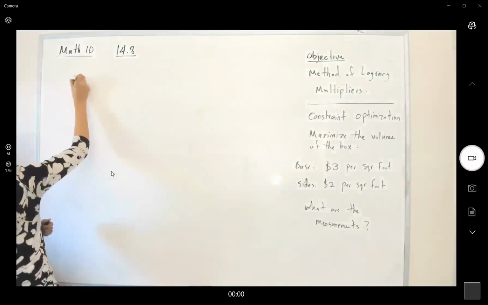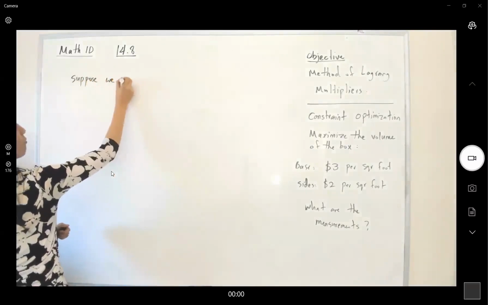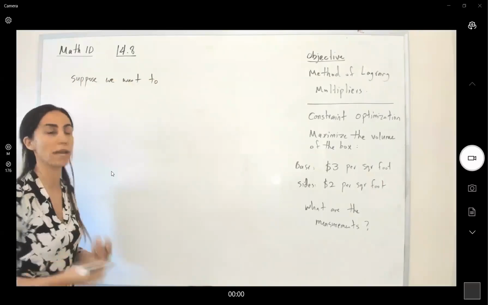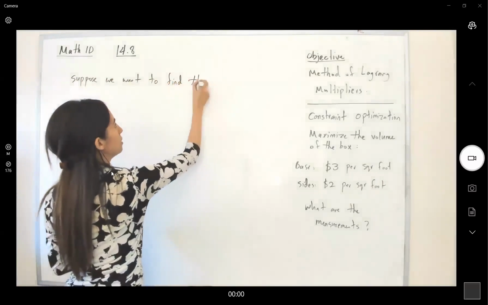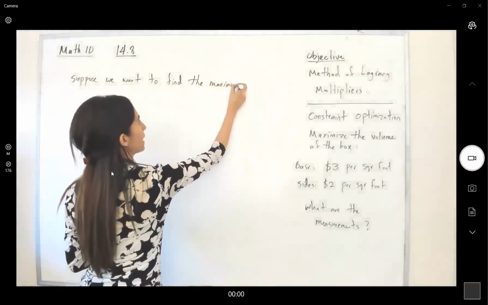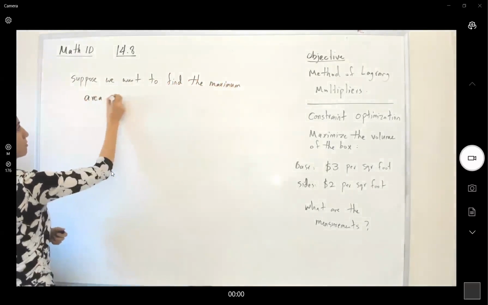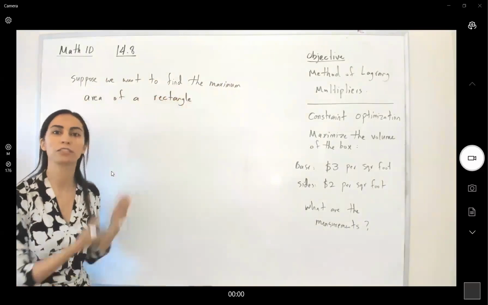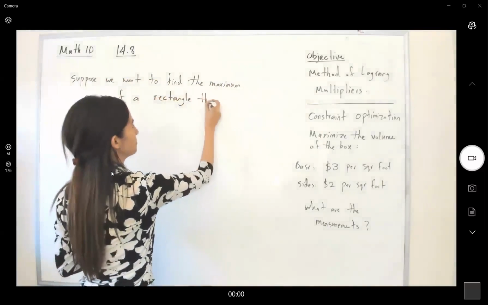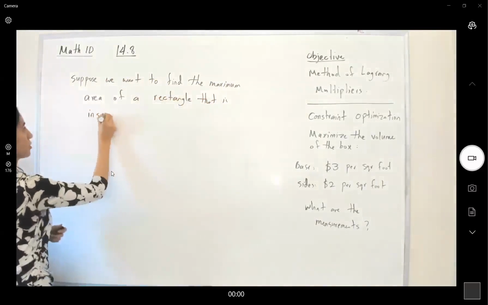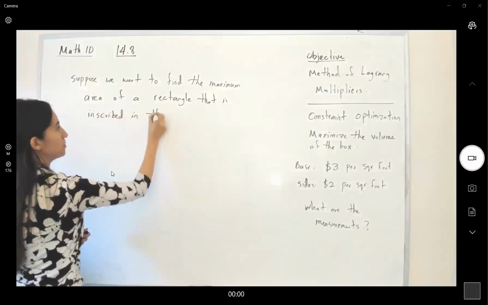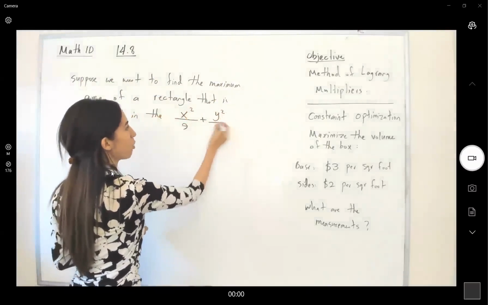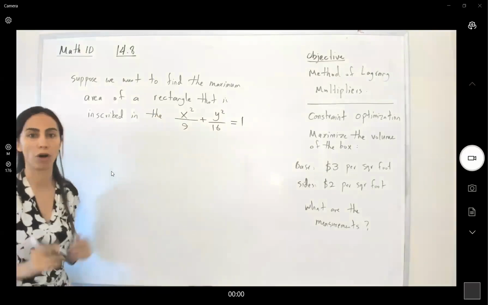So suppose we want to find the maximum area of a rectangle that is inscribed in the following ellipse, x squared over 9 plus y squared over 16 equals 1.